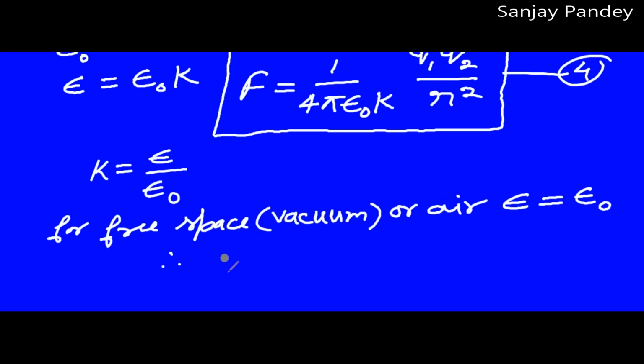Therefore, for free space, k will be equal to epsilon naught upon epsilon naught, equal to 1.